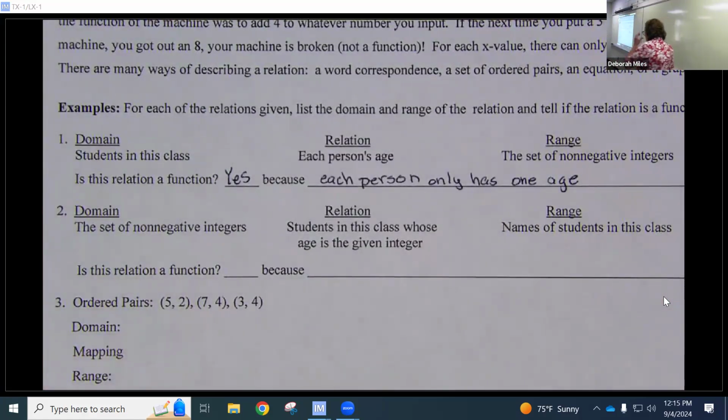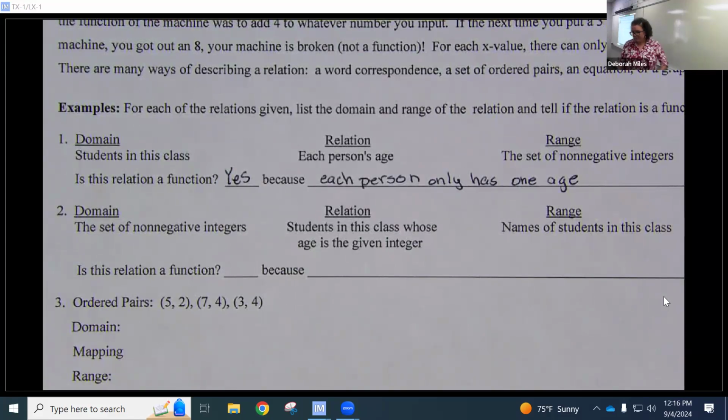If I define the relation in a different way, it might not be a function. If I say, now it's numbers in the hat. I'm gonna pull out a number and I'm gonna say, tell me your name if you're this age. Would that be a function? Because for any age I pull out, there's likely to be more than one person who is that age.